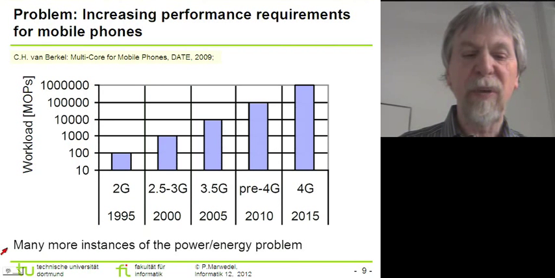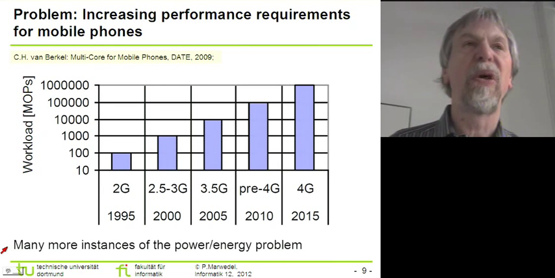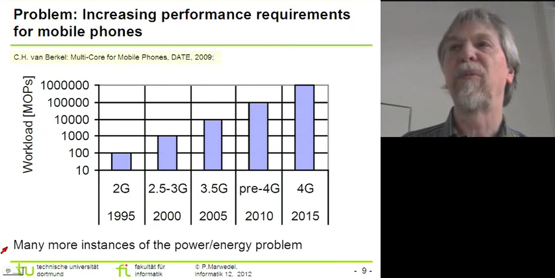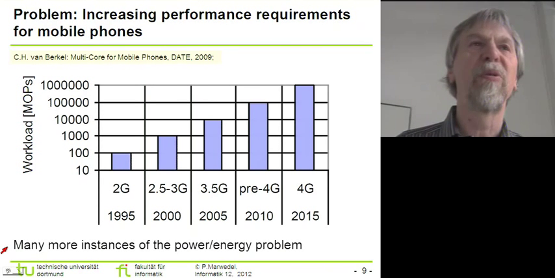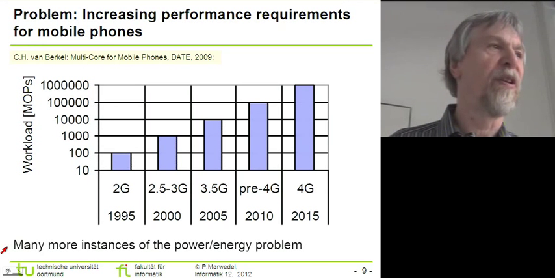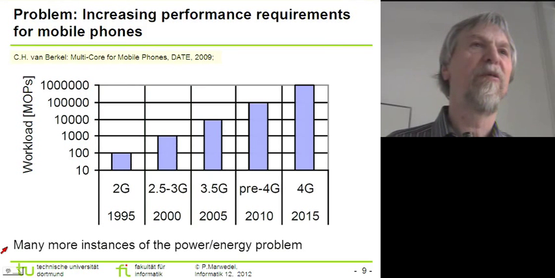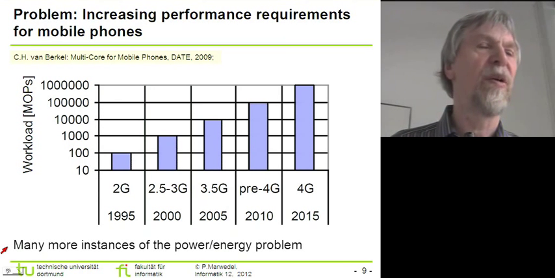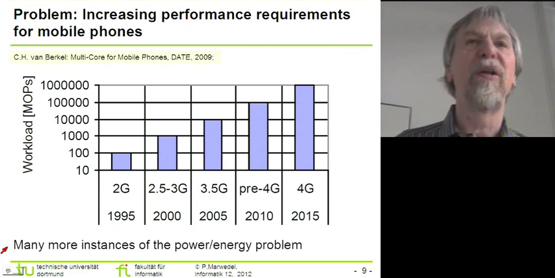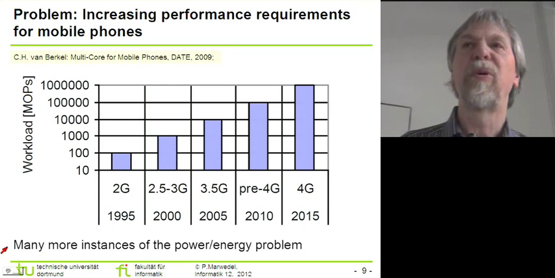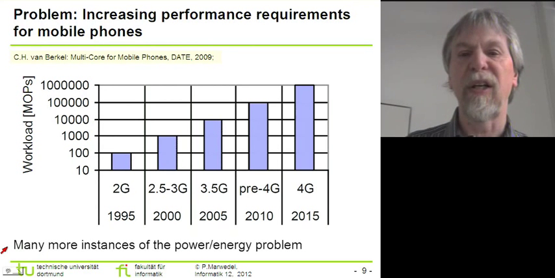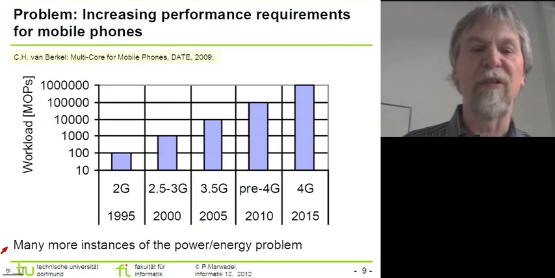There are actually many more instances of the power and energy problem. We have metal migration, we have problems with cooling, we have problems with limited supply of energy, etc. So it has been found that the limited availability of energy is one of the most important constraints for the design of cyber-physical and embedded systems.